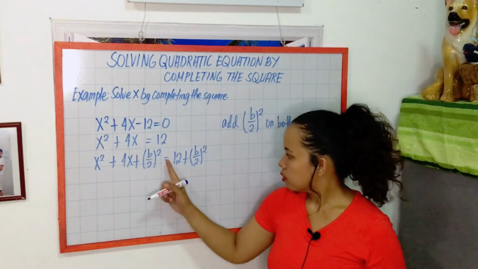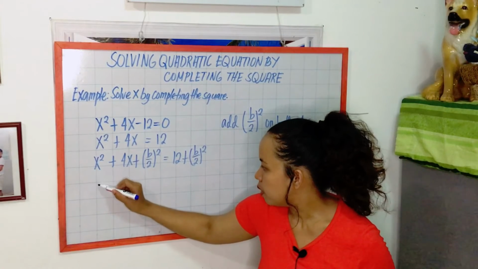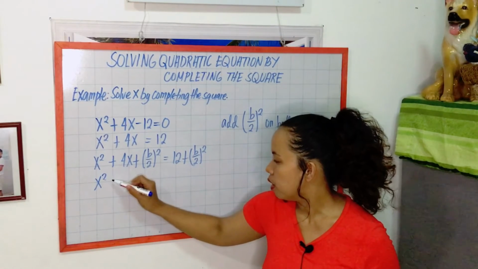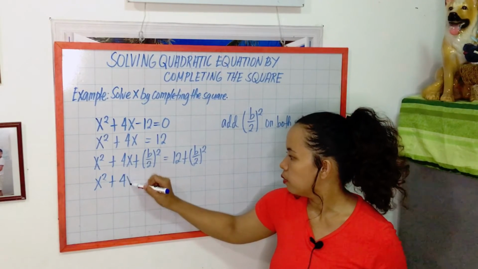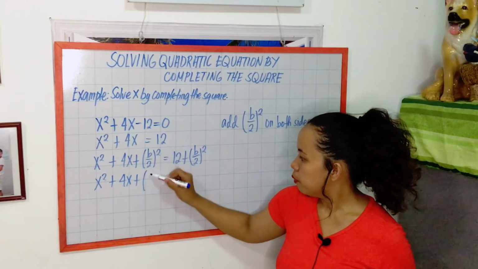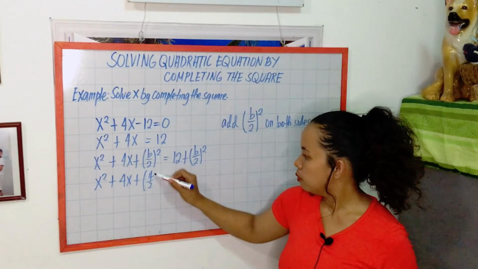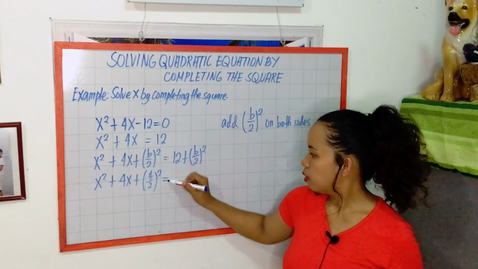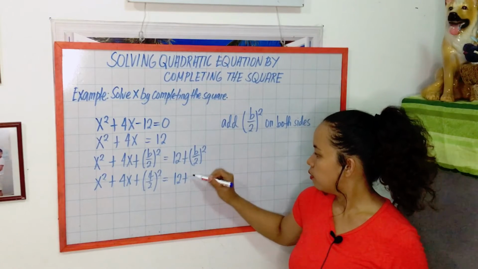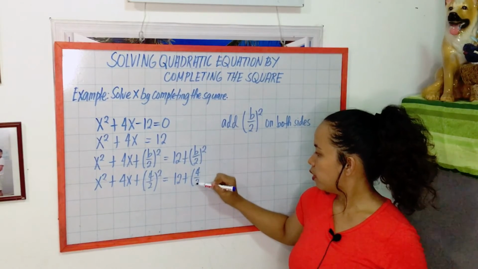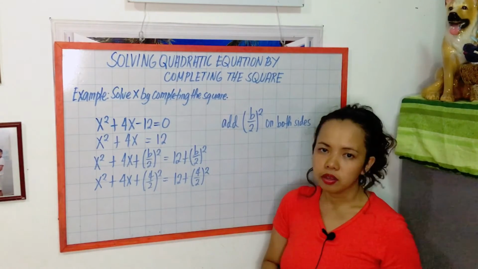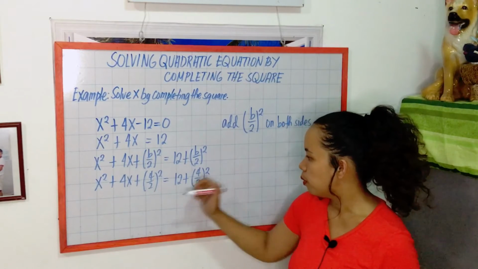So, next, substitute natin yung value ng b. Alam na natin na ang b ay 4, so we can just write down 4 divided by 2, squared, is equal to 12 plus 4 divided by 2, squared. Then simplifying our equation.